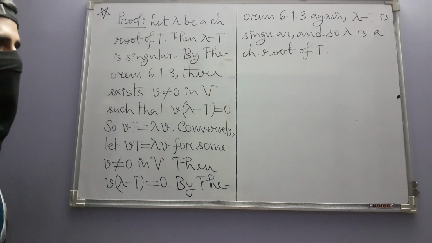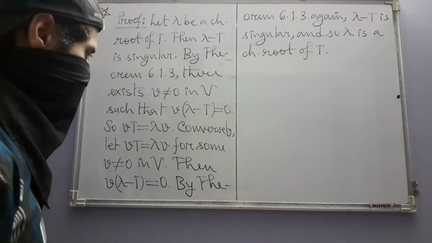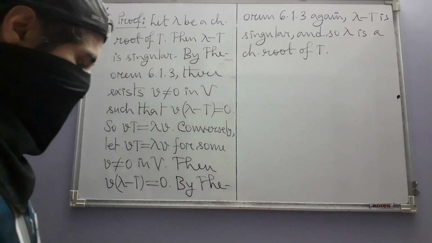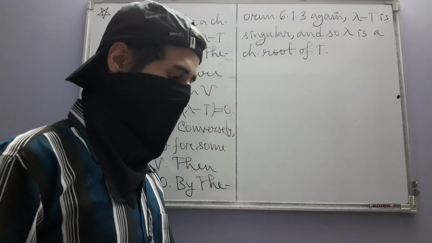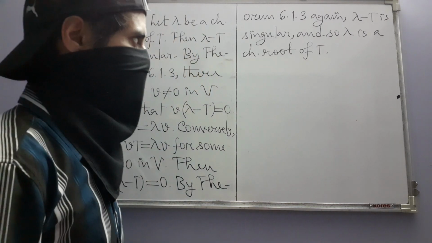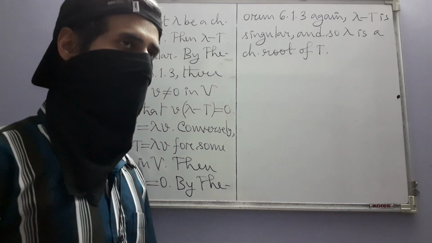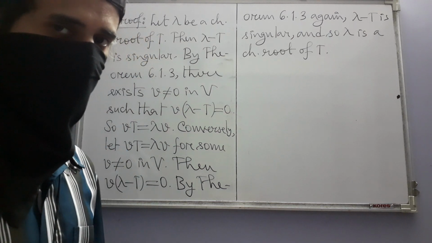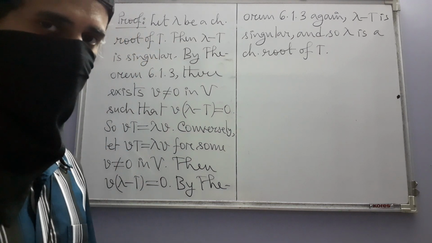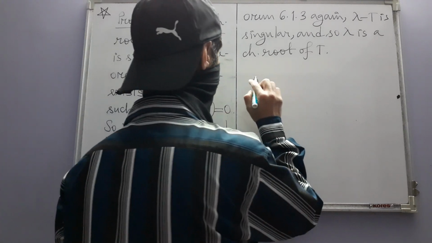And that completes the proof. Alright. Now there is another result after this, which involves polynomials over the underlying field and characteristic roots of linear operators.